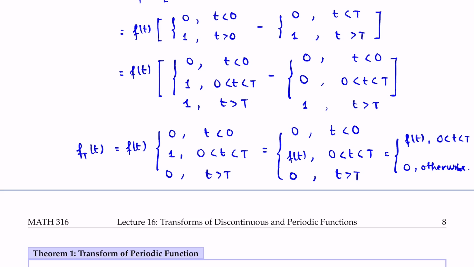Okay, so again, that is the window version of the periodic function, given that the period is equal to capital T. Now, most often you want to find the Laplace transform of the periodic function, and I'm going to give you the formula to find the Laplace transform of the periodic function and how they connect between the Laplace transform of the periodic function and the Laplace transform of the window version of the periodic function.